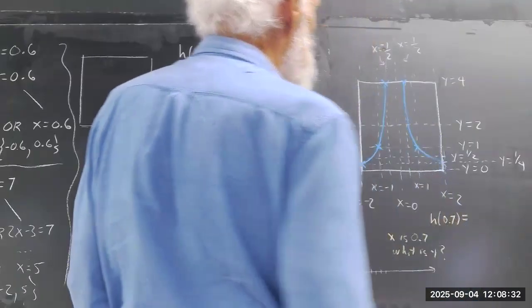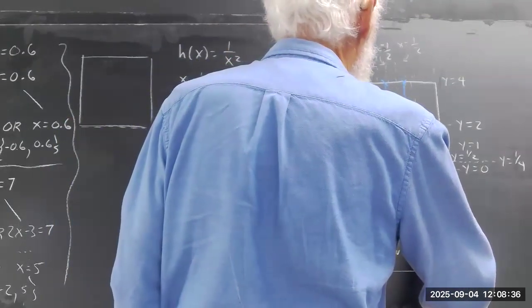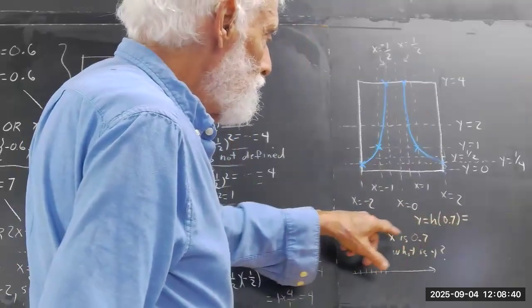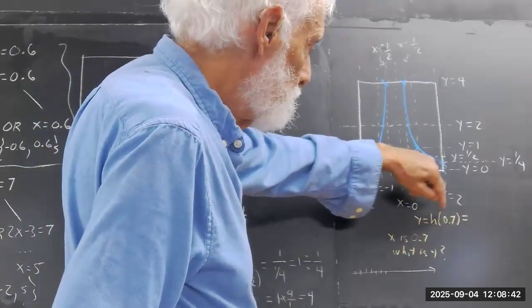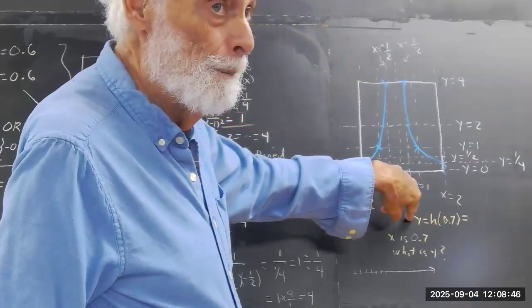So this expression is actually saying, since y = h of x, x is 0.7 because that's what we put in for x. And this is asking, what is the value of y?